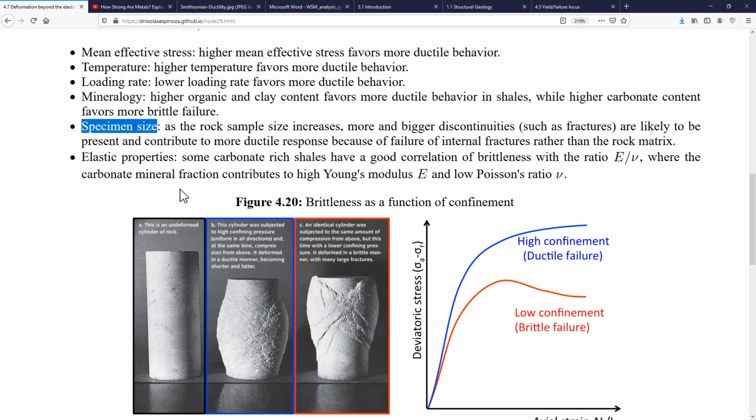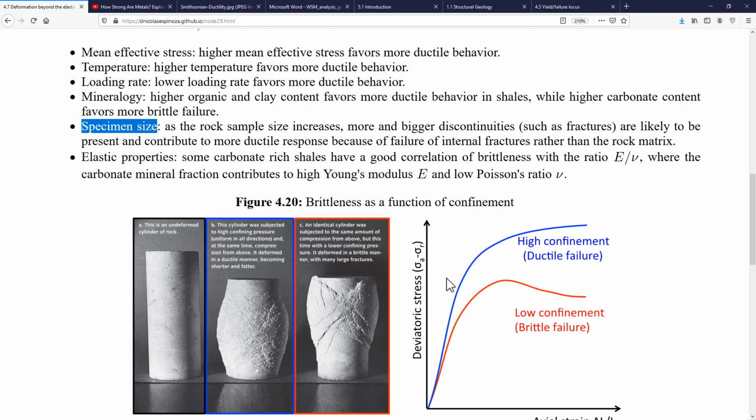At a small scale, in a simple piece of rock which doesn't have any fractures, which doesn't have any discontinuities, you should expect, if the rock is brittle, a brittle failure. But that same brittle rock, if you put it into a larger specimen with fractures, with discontinuities, when you load it, it's more likely that it's going to develop ductile deformation, because the fractures are going to slide with respect to each other.